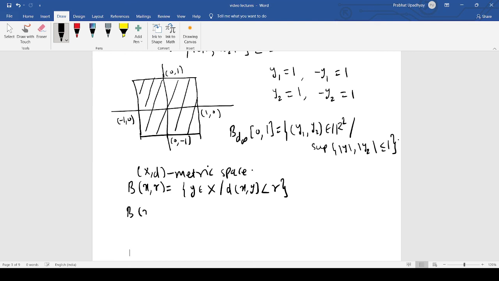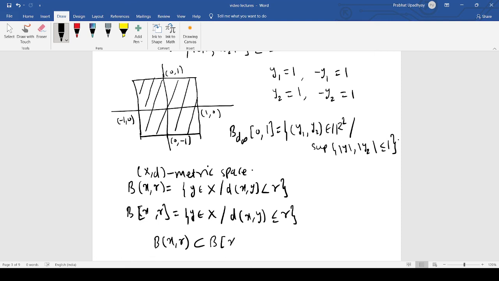And the closed ball B(X, R) is defined as the set of all elements y in X such that the distance between X and y is less equal R. So by comparing these two definitions, you can easily observe that the open ball centered at X of radius R is always a subset of the closed ball centered at X of radius R.